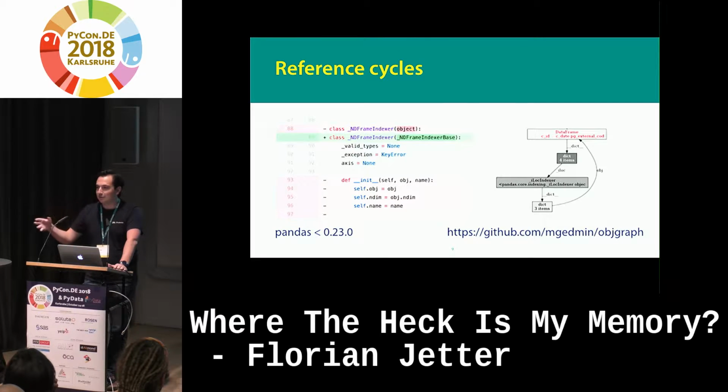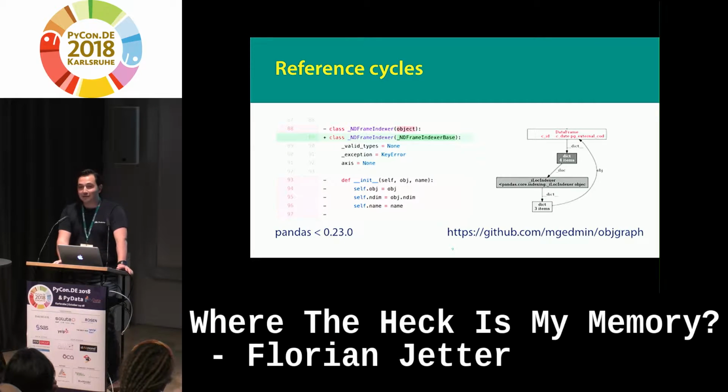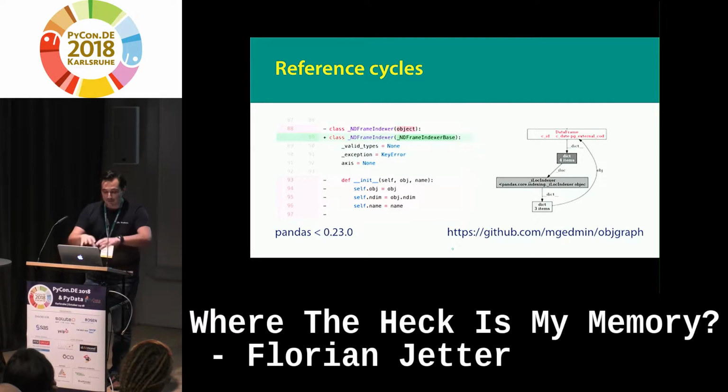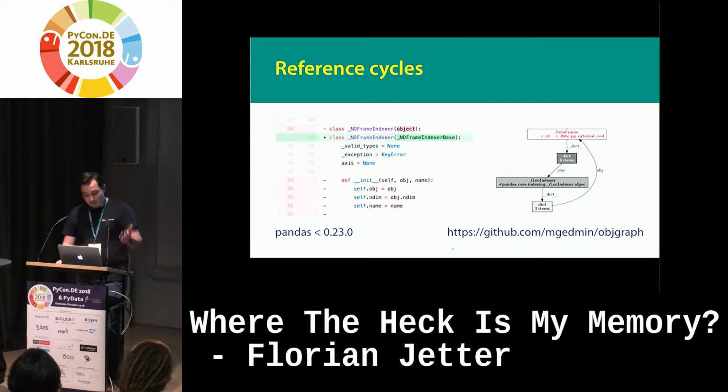I didn't see anything drop, so I thought to myself, did we create these cycles faster than the garbage collector could clean them up? I don't know. This was really messy. In the end, the fix is actually quite interesting because they deferred this initialization call to CPython, and there the reference count simply doesn't go up. If you ever encountered these, upgrade to pandas 0.23, then you don't have to deal with this issue.